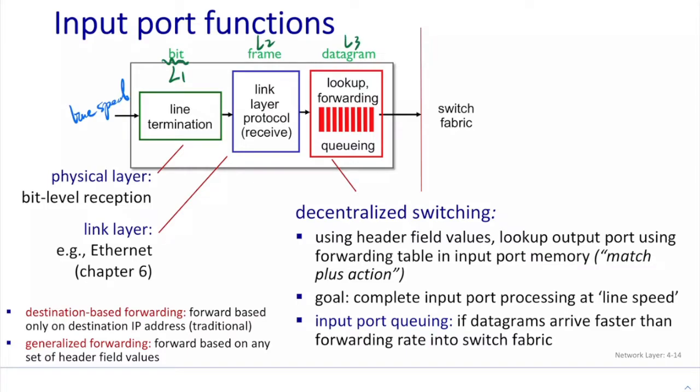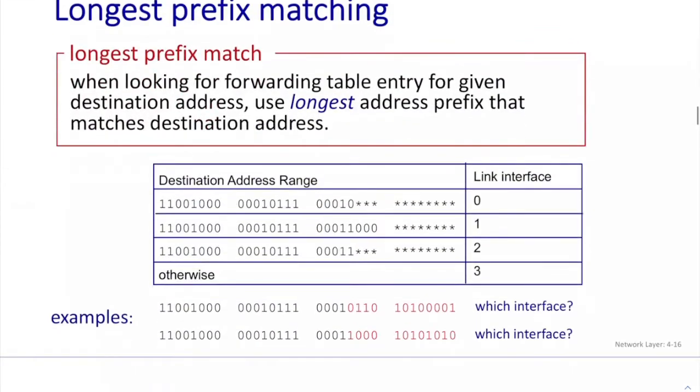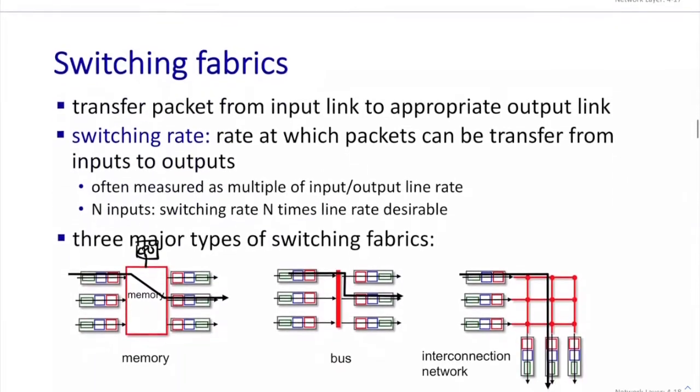They don't have to look up different fields or use some extra mechanism to do forwarding. Using the destination IP address is good enough to deliver, and that is how the current internet works. So generalized forwarding doesn't make sense in the internet, although you can do so. So we'll skip this for now. We will come back later.